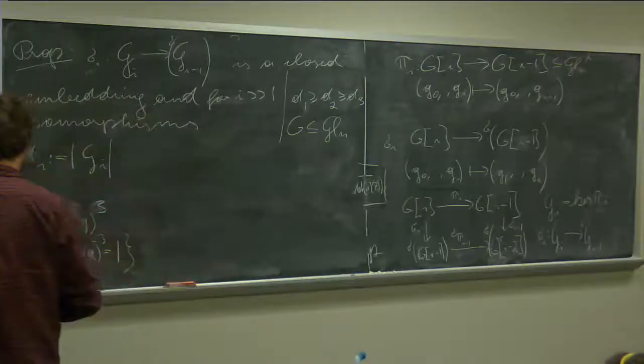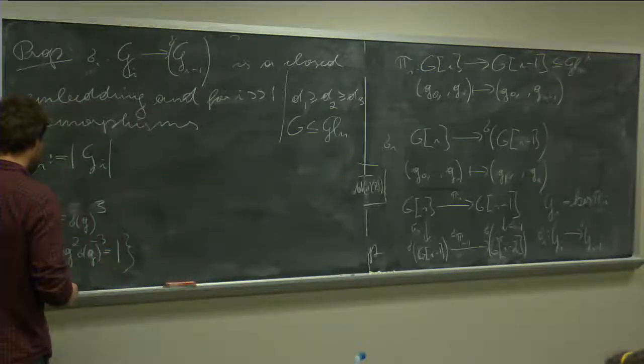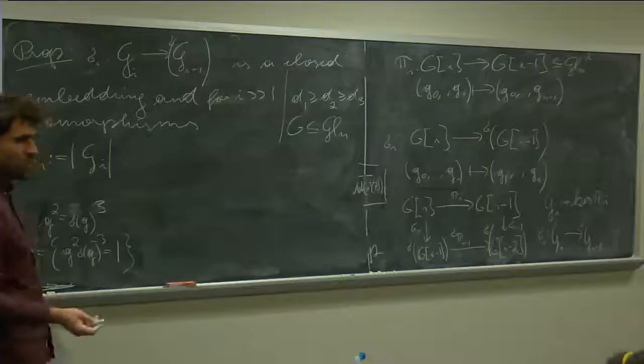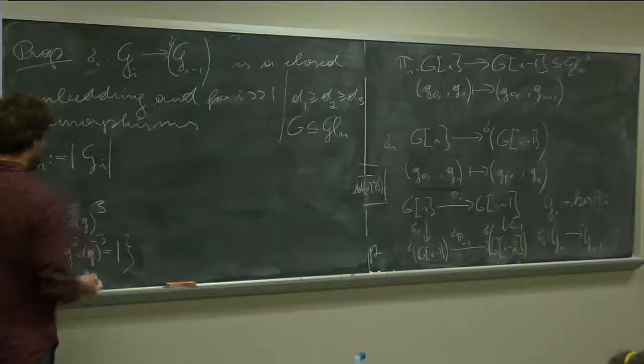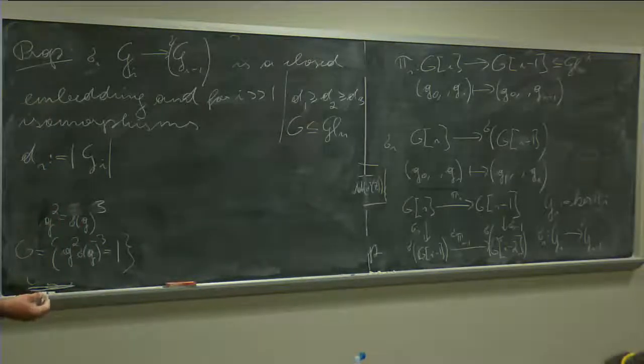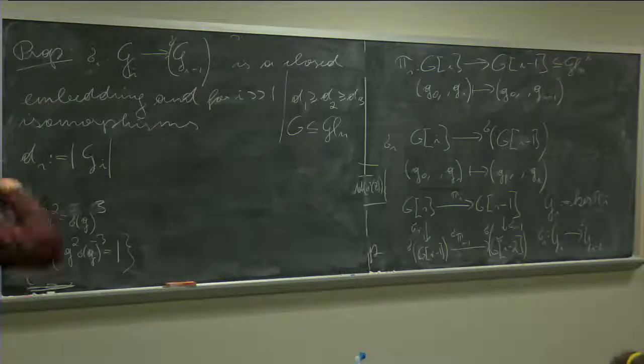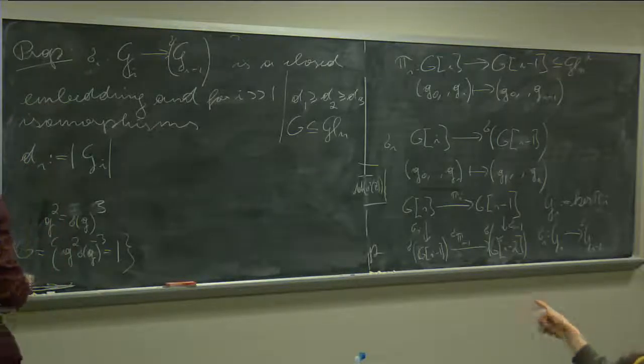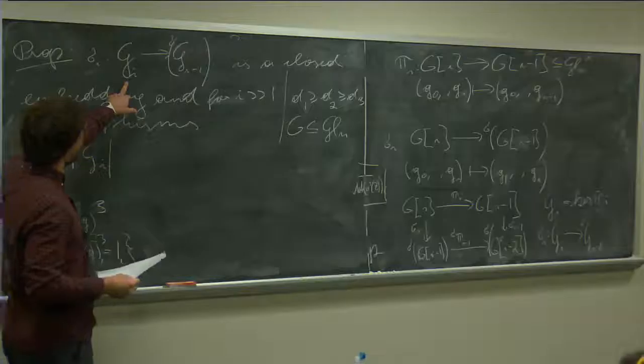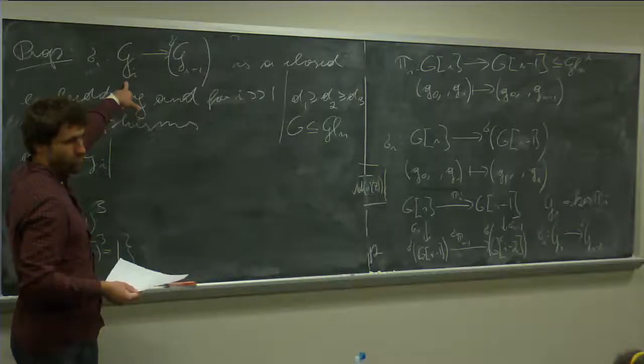I mean, this was limit degree 3 and inverse limit degree 2, or vice versa. So I would say this has limit degree 3. You think the G_i's should all be just cyclic groups of order 3?